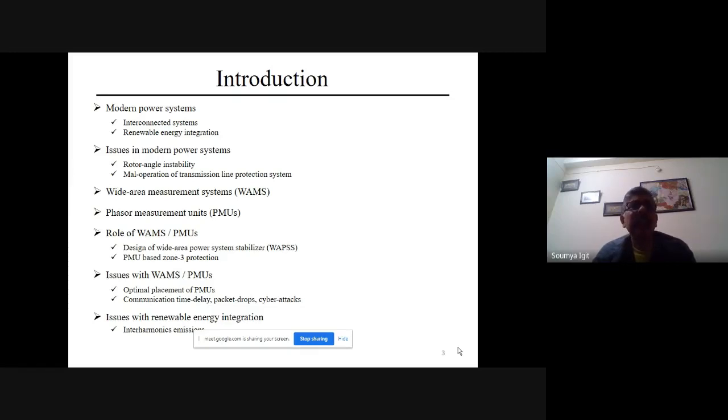So now the question is that the PMU, as far as the observability of the grid is concerned, is fine. But is it feasible to deploy at all the locations, or do you have to go for the optimal location? For the optimal locations, you have to eliminate the redundant features.